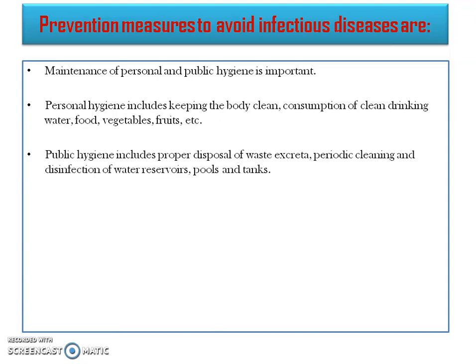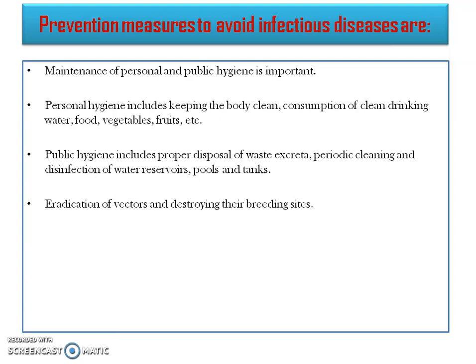The next is to maintain proper public hygiene, which includes proper disposal of waste or excreta, then proper and periodic cleaning and disinfection of water reservoirs, including pools, tanks, ponds, etc., so that diseases don't easily get transmitted from one organism to another in our society or locality.